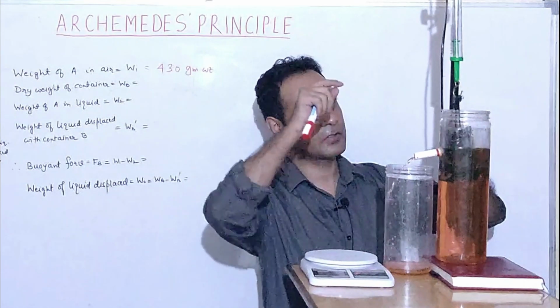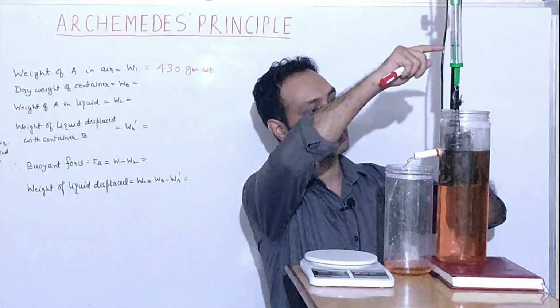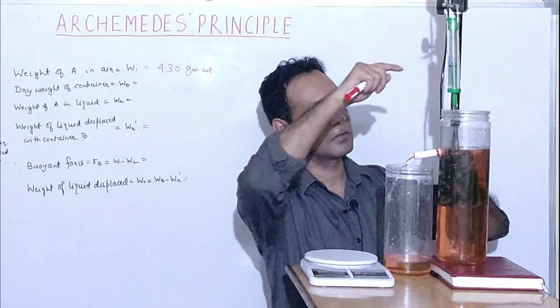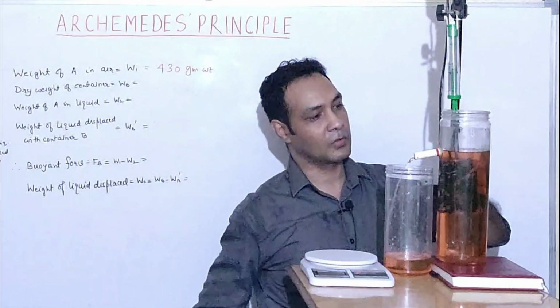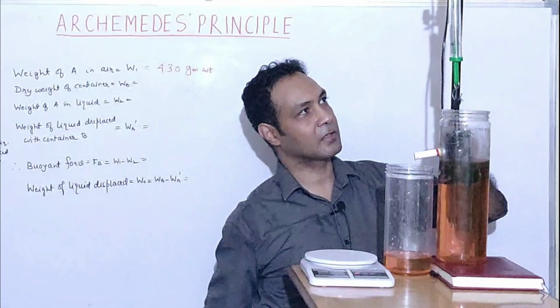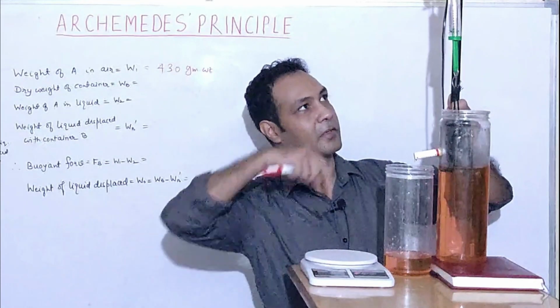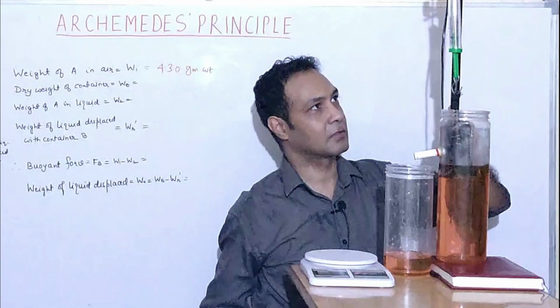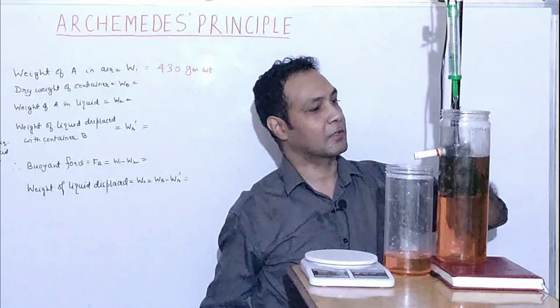You can see that the reading decreases as the block goes inside. And we can do one more action: if I take it outside, the reading increases. The reading increases as it goes outside, and when it goes inside, the reading decreases.